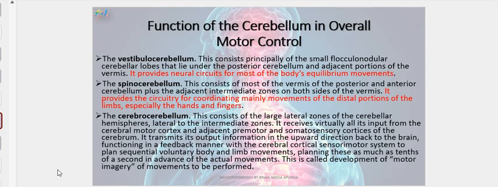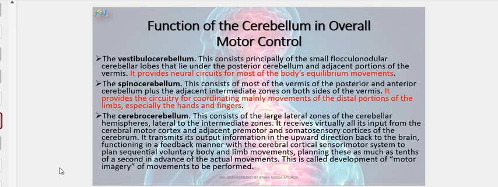It then transmits its output information in the upward direction back to the brain, functioning in a feedback manner with the cerebral cortex sensory motor system to plan the sequential voluntary body and limb movements.